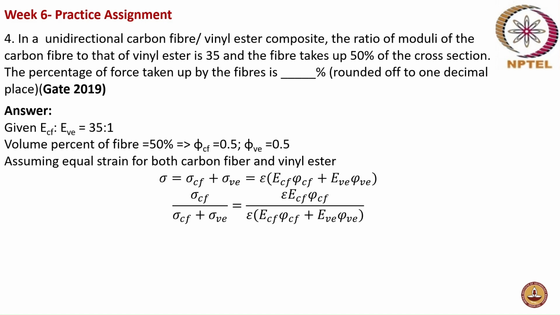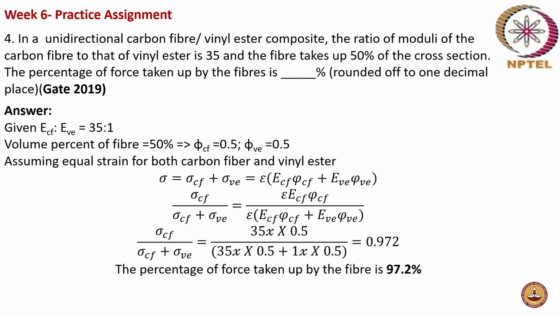Again you are expressing it in terms of the strain and the known parameters, strain and modulus. So it will be epsilon into ECF into phi CF divided by epsilon multiplied by ECF phi CF plus EVE, the modulus of vinyl ester, into the volume fraction of vinyl ester.